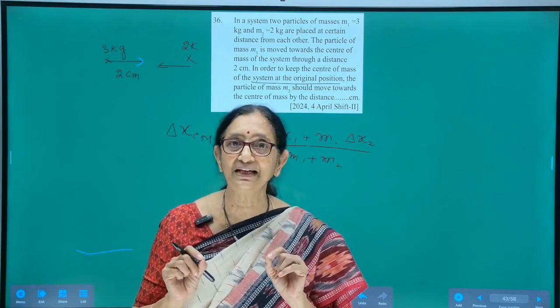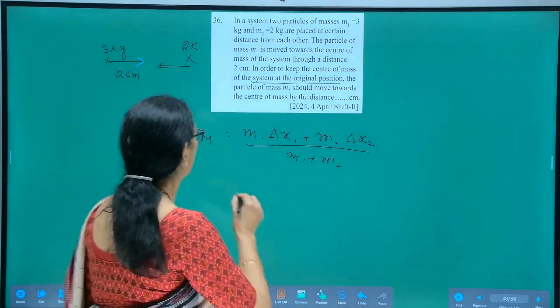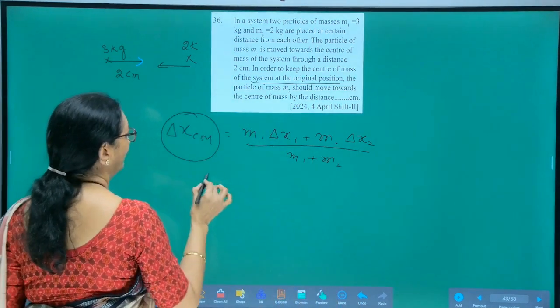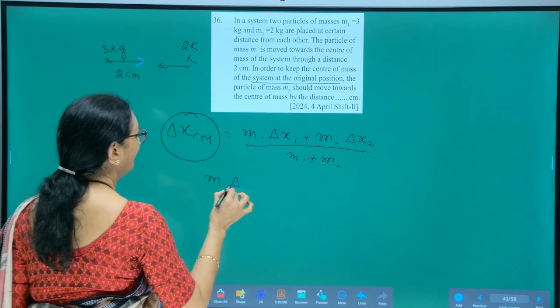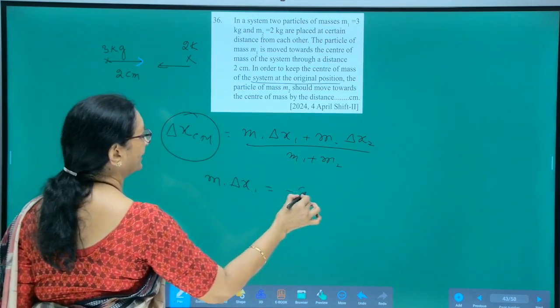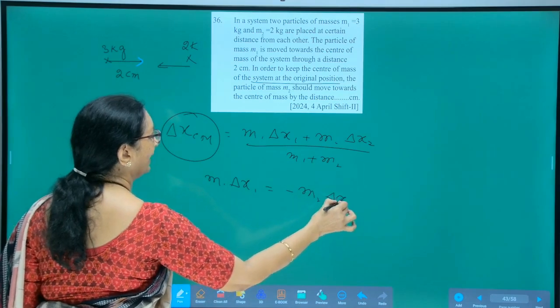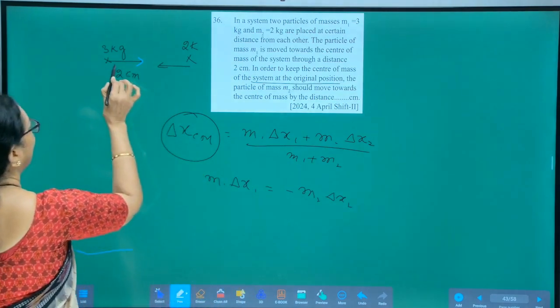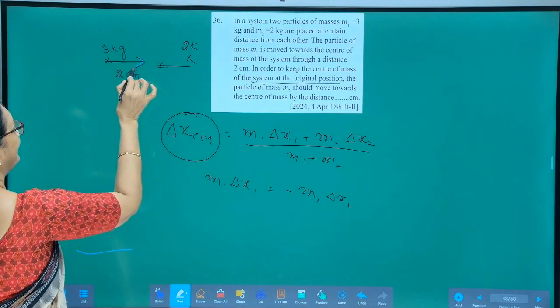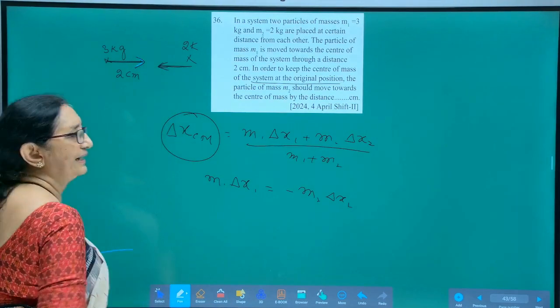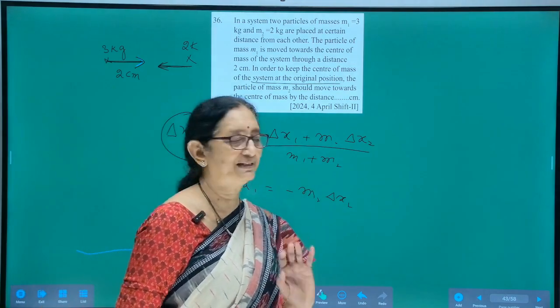So, shift in center of mass is 0. So, this is given as 0. Then it implies m1 delta x1 is equal to minus m2 delta x2. That negative sign indicates as the first particle moves in this direction, the second particle moves in the opposite direction.